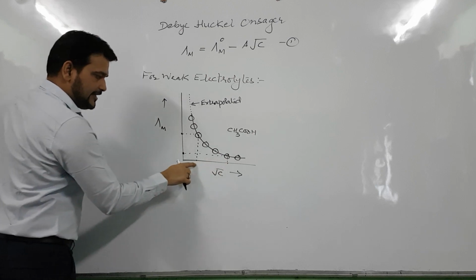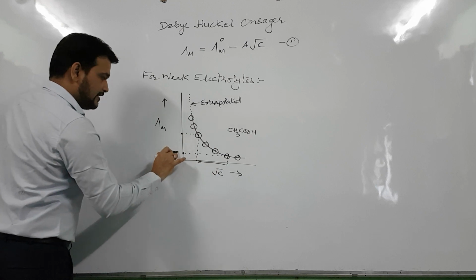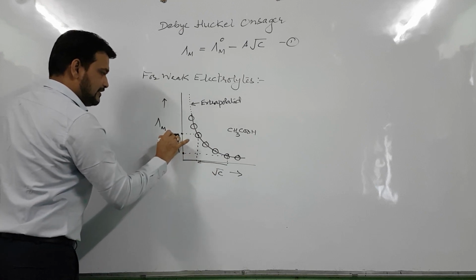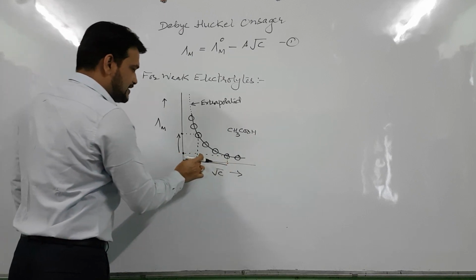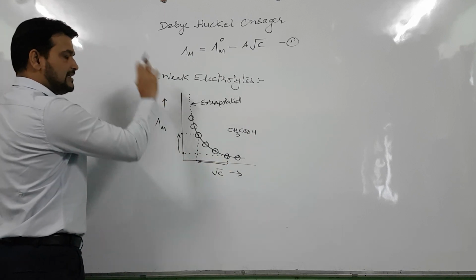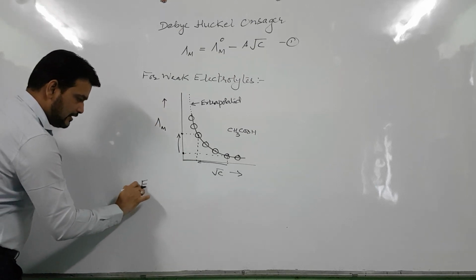When there is a decrease in concentration up to this level, there is an increase in molar conductance up to this level. Means with a decrease in concentration, the molar conductance increases. And what is the cause?